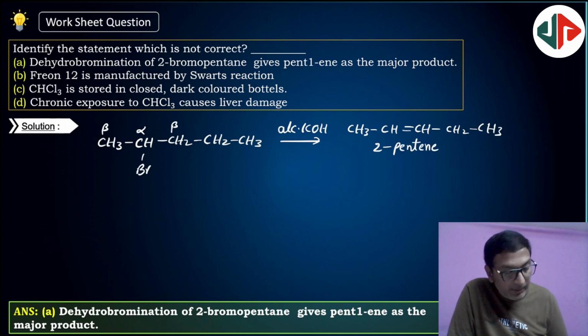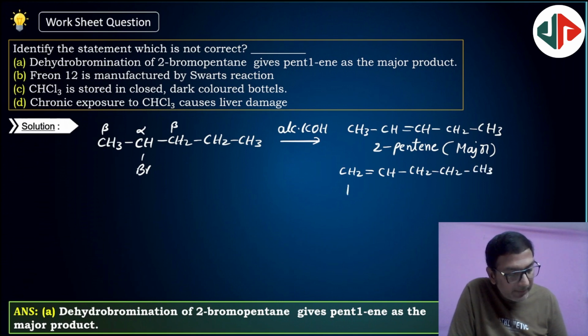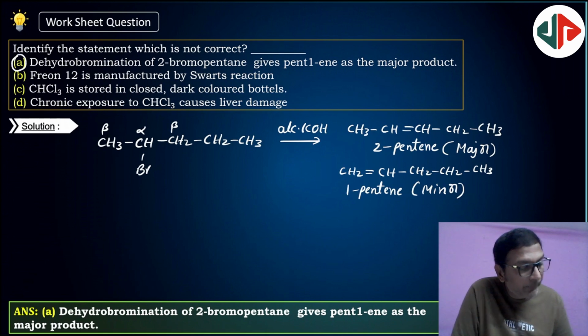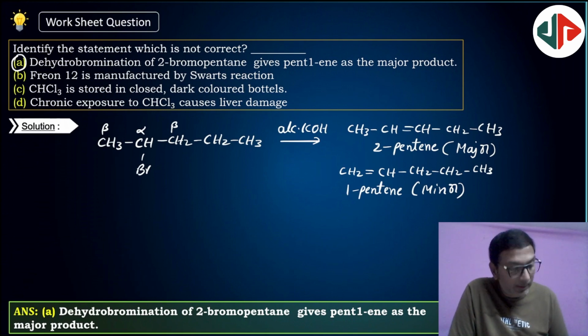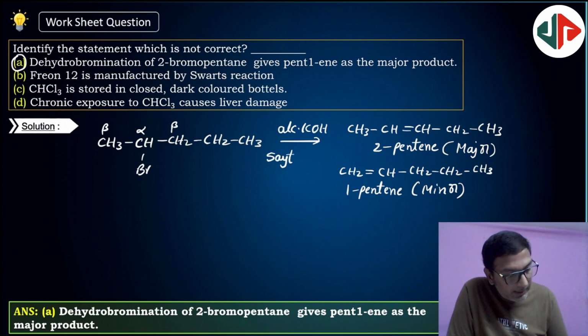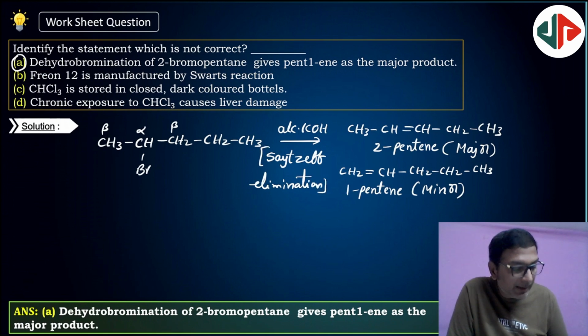So which is major compound. Next, one more product: CH2=CH, CH2, CH2 and CH3, 1-pentene. So which is minor. So one is incorrect. Saytzeff elimination. So major compound is Saytzeff product, minor compound is Hofmann product.